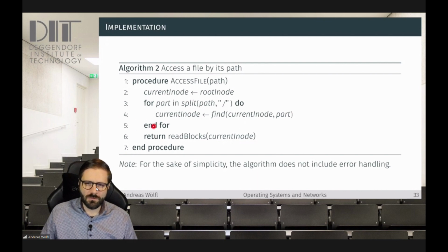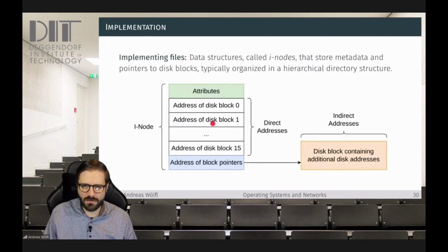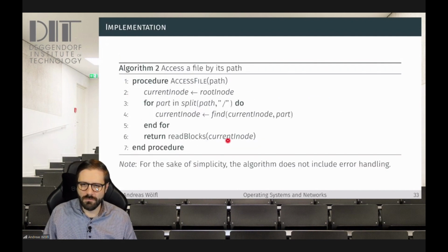So at the end of this loop, we have the inode of the file that we want to read in current inode, and then we can read the blocks. Because in an inode of a file, we have the block addresses after the attributes there. And then the result is given back to the operating system.